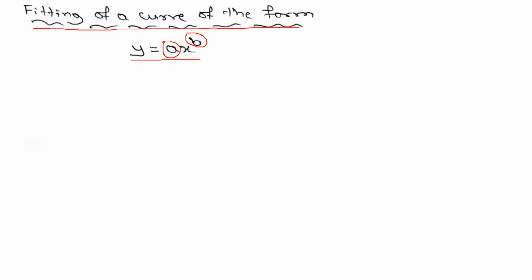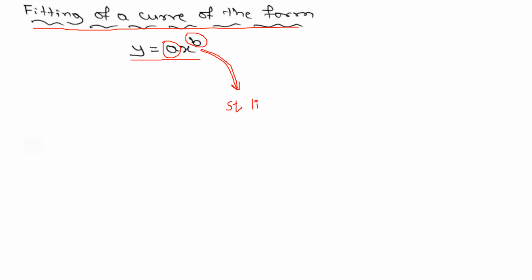For this equation we don't have any direct normal equations. So for that reason first we need to convert this equation to the linear form, to the straight line equation.